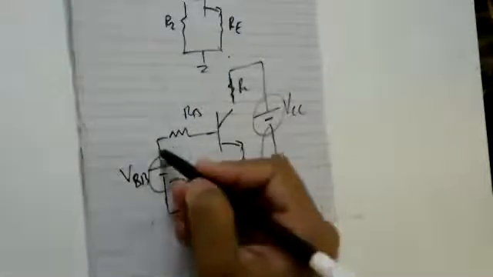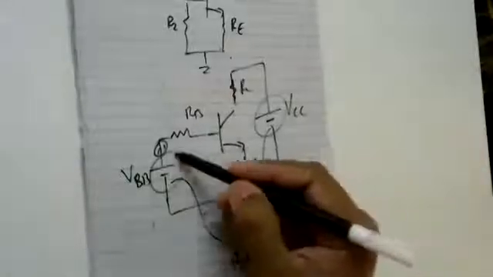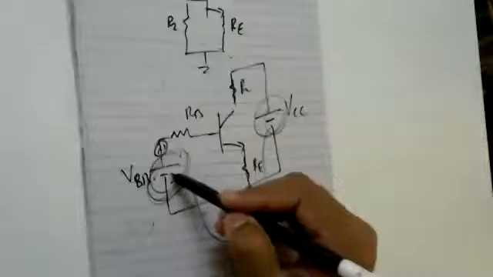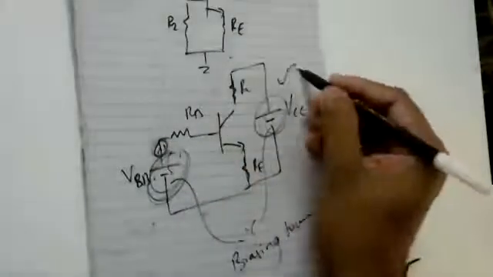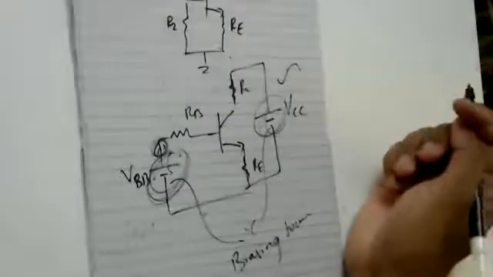Whenever I apply an input signal, it is these sources which give power to the signal and produce an output signal of a very large voltage swing.